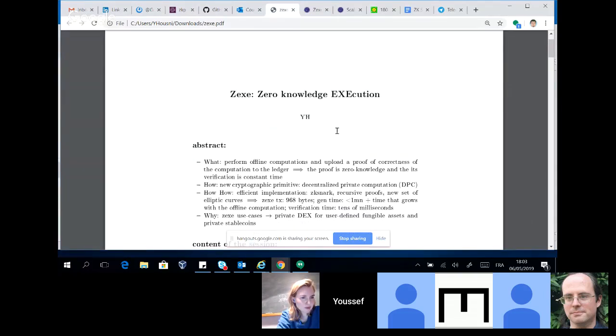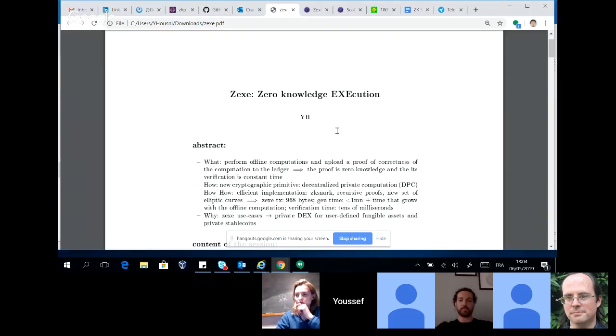The main point of the paper was to perform offline computations and then upload a proof of correctness of the computation to the ledger. The proof should be zero knowledge, constant size, and constant time verification. As we love, obviously we're talking about ZK-SNARKs here.